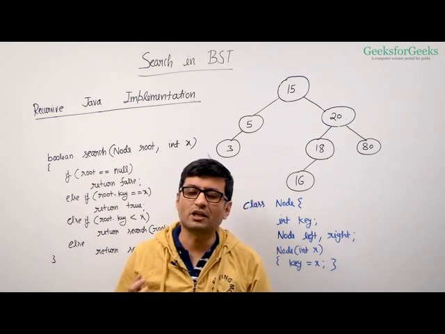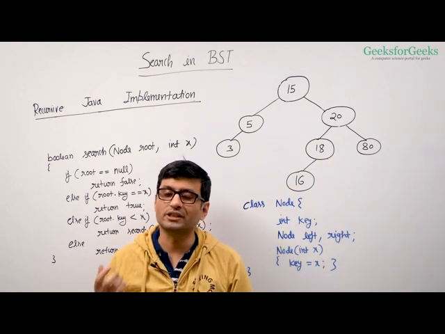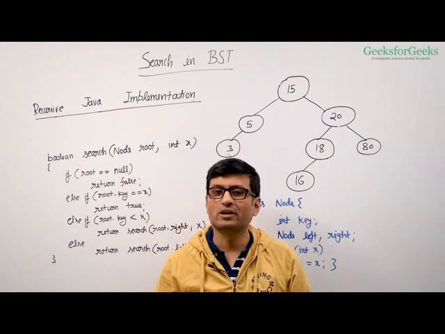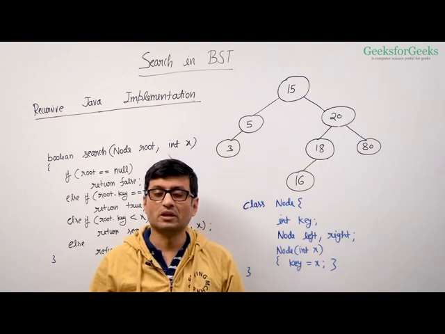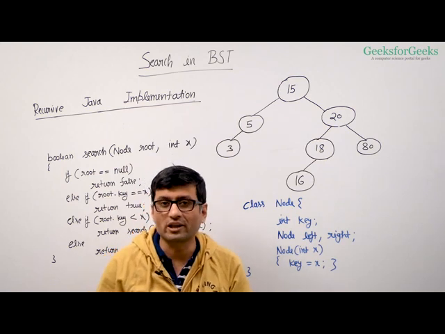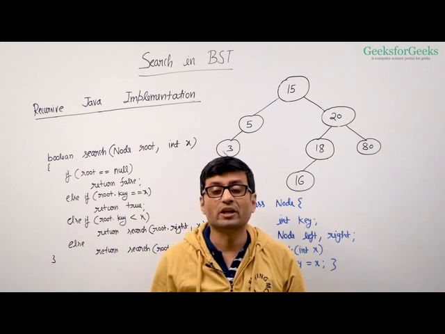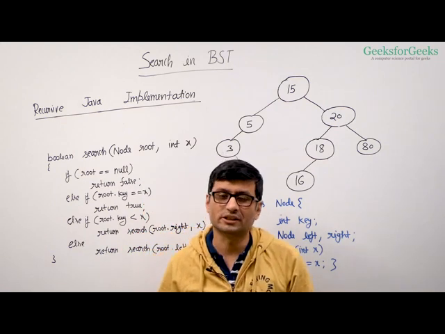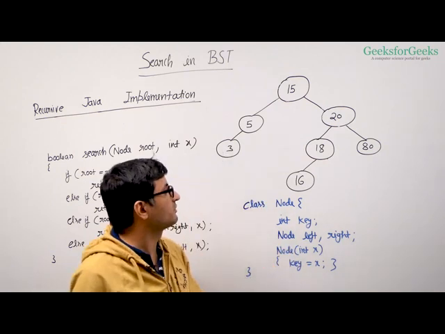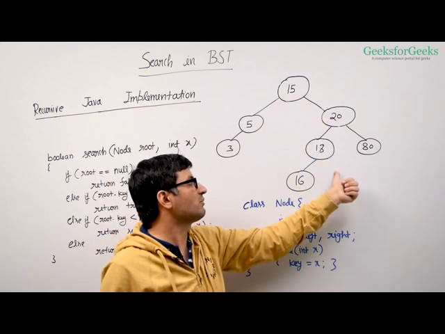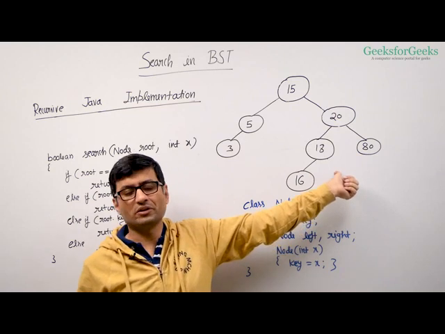If you are searching for a value x in the BST, and if the BST itself is null, then you need to return false. This not only handles the case when somebody passes an empty tree explicitly, it also handles the base cases. Suppose you search for something like 19 here, you will come here, then you will come here, then you will end up with a null tree, right?